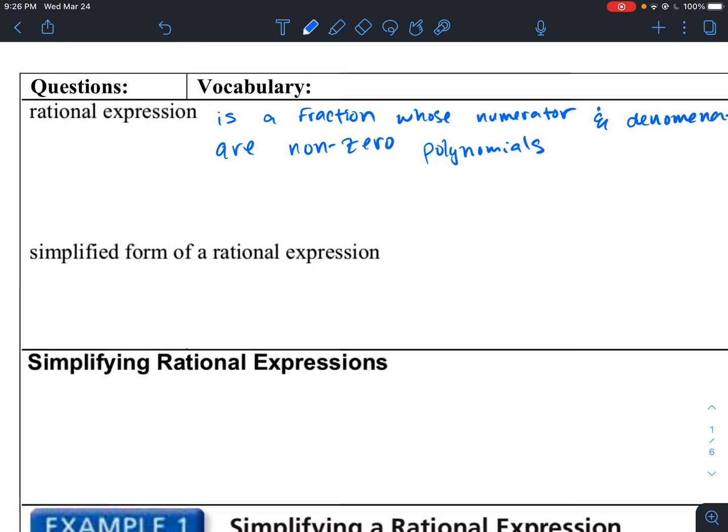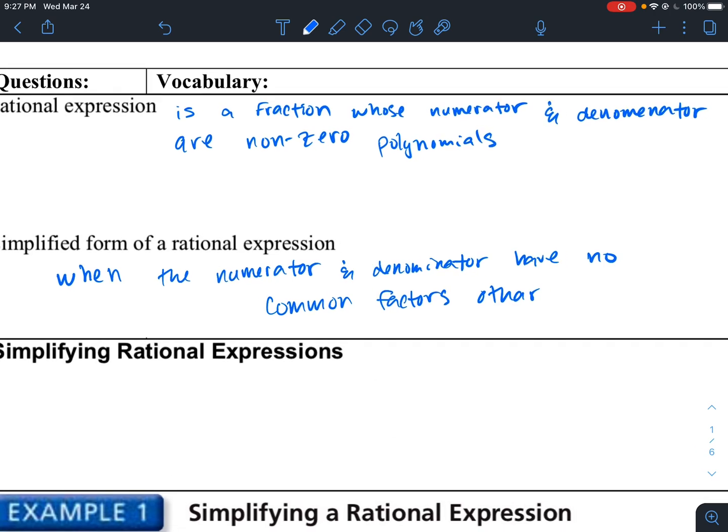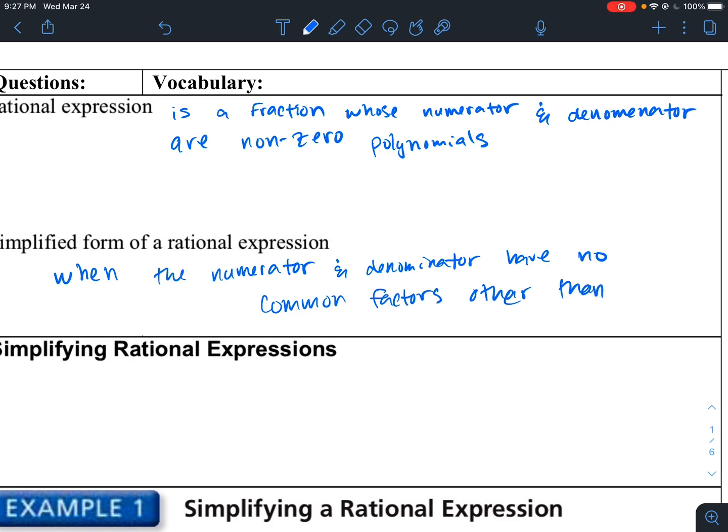And a rational expression is in its simplest form when the numerator and denominator have no common factors other than plus or minus 1.